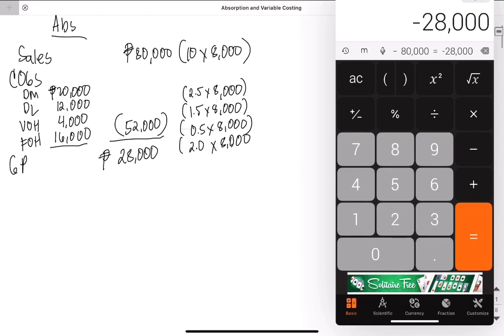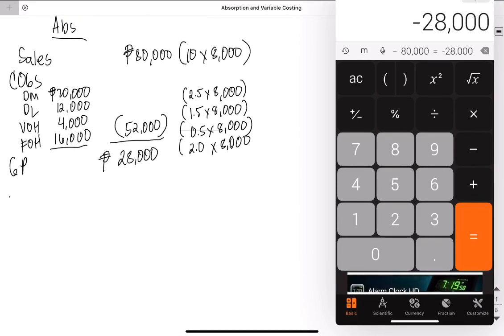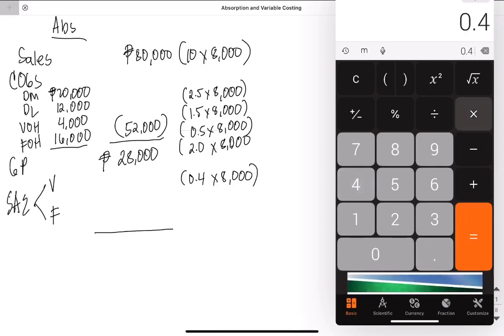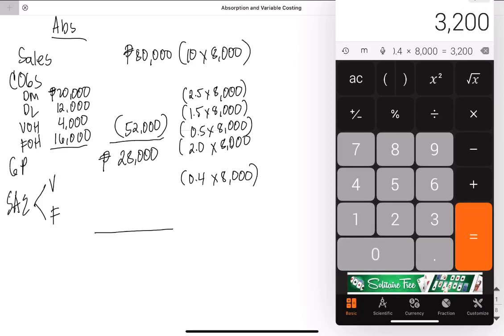Now for selling and admin expense, we have variable and fixed. For variable, this is 40 cents times 8,000, the number of units sold again. So 0.4 times 8,000, we have 3,200.